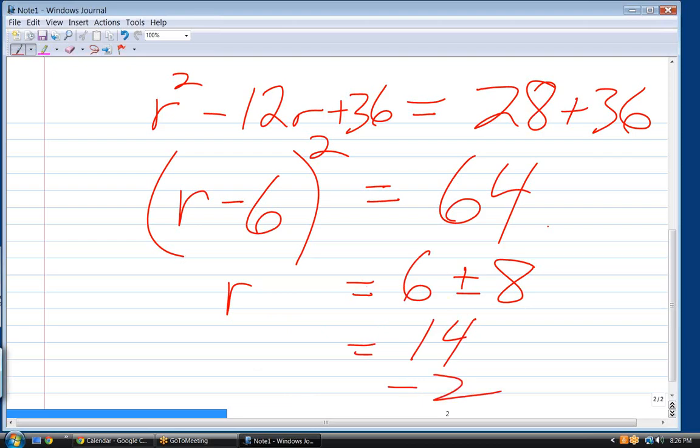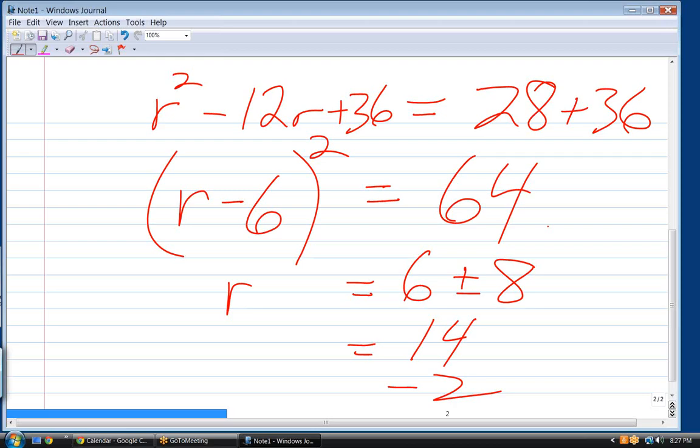So if it doesn't factor nicely, completing the square is the easier way to go. If it factors nicely, it might still be the way to go. This was pretty easy to do by completing the square, whereas factoring it might have been harder for you.